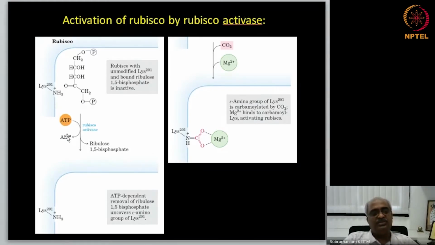In the presence of ATP, Rubisco activase expels this out and allows the binding of carbon dioxide and magnesium to form the carbamyl lysine here. This is tightly regulated by light and availability of ATP and NADPH, etc.